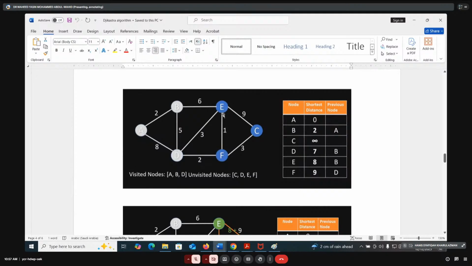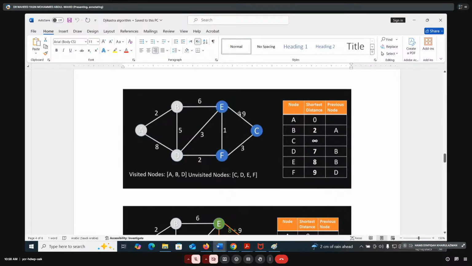Now I go to E. E goes to C and F. E starts with 8. 8 plus 9 to C, 17.